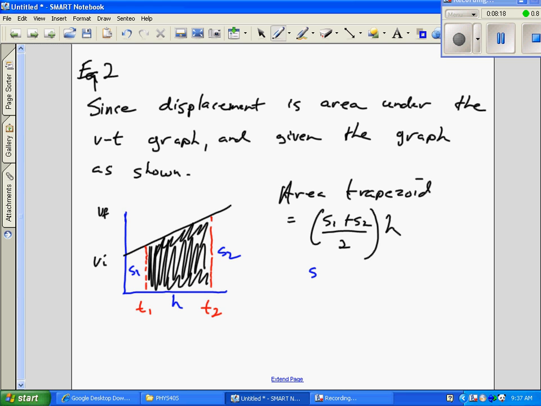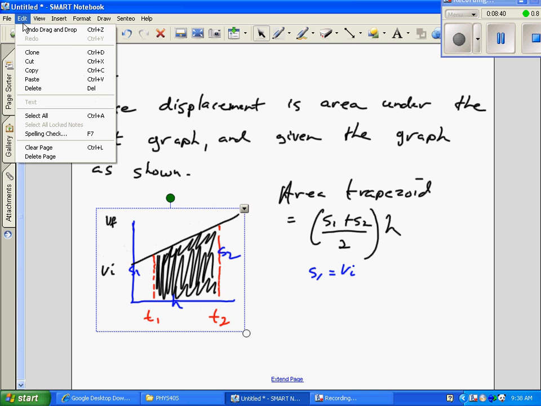S1 is the initial velocity, isn't it? Right? If this is my initial velocity, actually that black one right there should be, can I grab just that one? I'd like to have that.